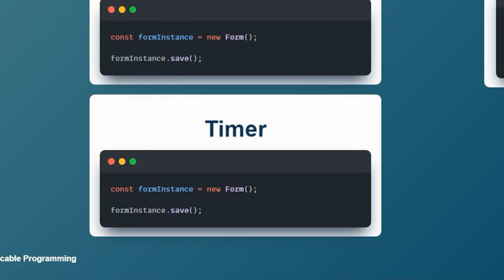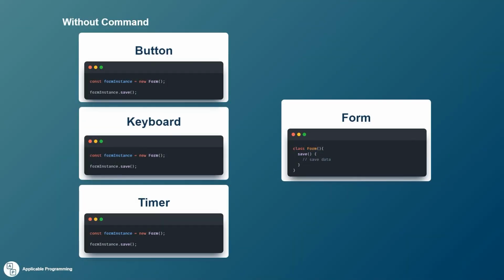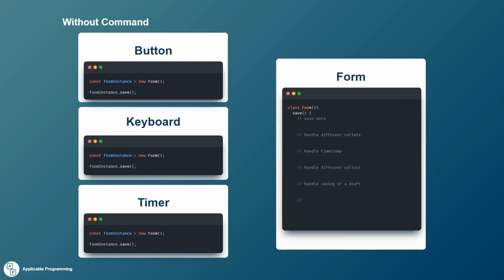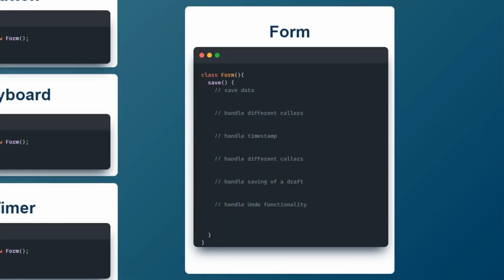Handling this save action suddenly can become a bit more complex, even if it's a simple save action, right? Especially if we want to undo a save and keep track of maybe the time and which user has invoked this save action. And if we want different behavior for clicking a button versus a timer when saving, and especially if multiple people are working on the same form, the same action, you can see how it will just grow and grow without handling all those specific scenarios.